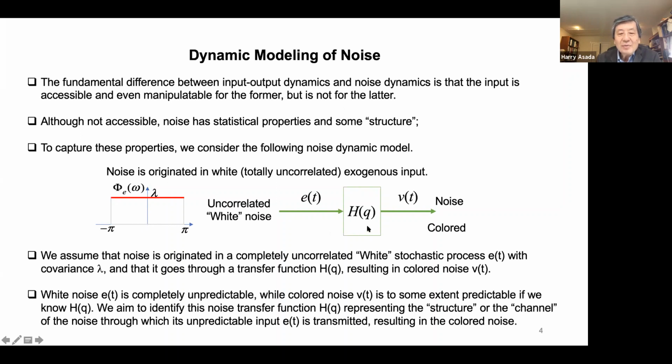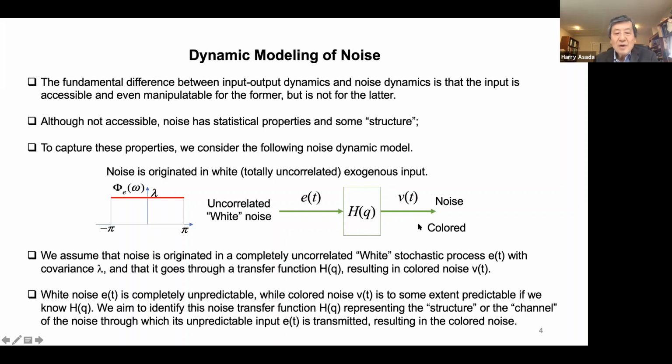Then it goes through some dynamic process. Here we assume a linear model, so transfer function type dynamics H(q) are involved, resulting in v(t). So we assume that the noise originates in a completely uncorrelated white stochastic process, e(t), with covariance lambda, and that goes through a transfer function H(q), resulting in the colored noise v(t), which we get.